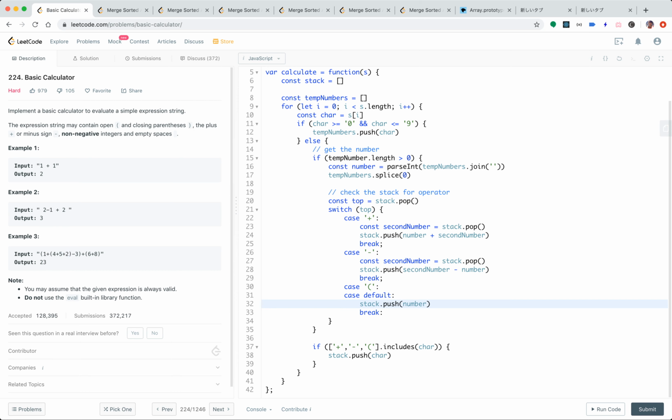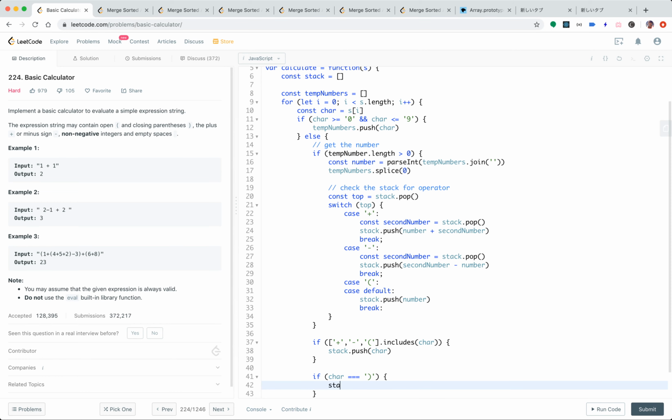And then if character is equal to right parenthesis, we stack const number equals, const top equals stack top.